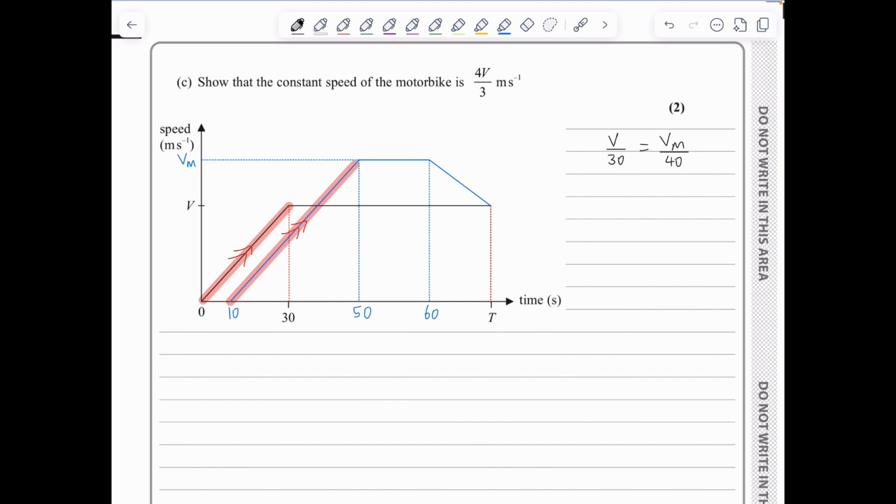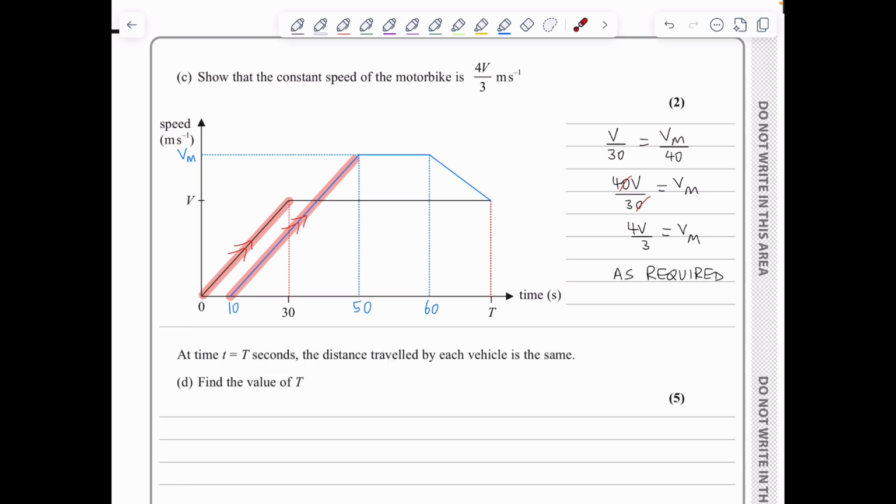I will cross multiply to get 40V over 30 is equal to V underscore M. The zeros will cancel out, and we'll get that 4V over 3 is equal to V underscore M as required.